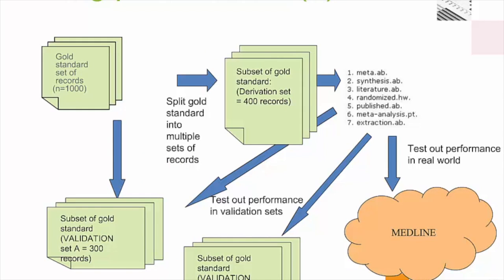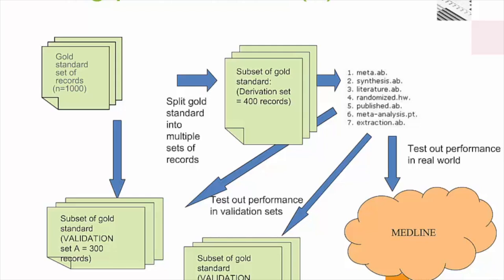Okay, and then we've got another example of even more broken down testing and validation. So here we've got our gold standard, and we've split it up into 3 sets of 300, 300 and 400 records.